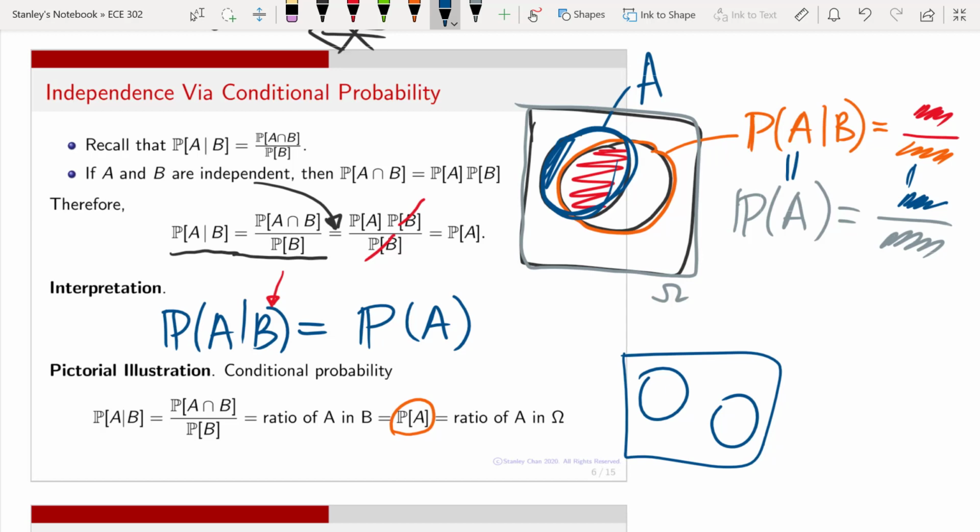Independence says that the ratio of the red and the orange versus the blue and the gray remains the same. Again, I want to emphasize that independence is the independence of the probabilities. You are always talking about independence using the notion of probabilities, not simple influence or not.